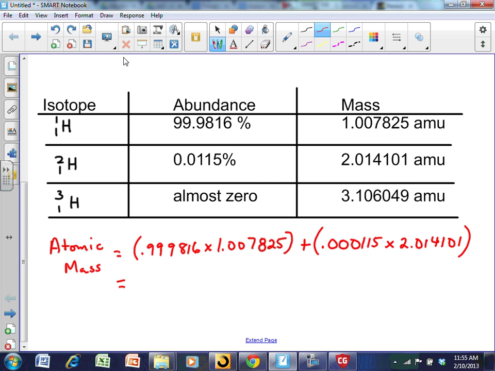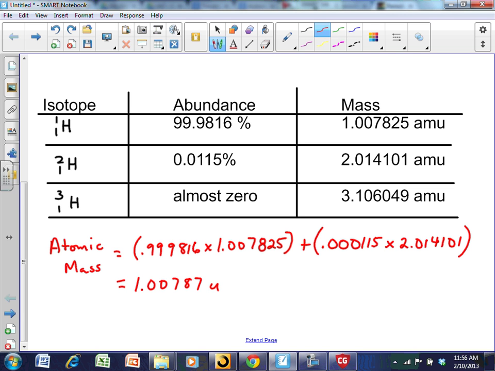I'm going to do those two multiplications on my calculator right now. 0.999816 times 1.007825, and then I'm going to add that to 0.000115 times 2.014101, and I get 1.00787 AMU.